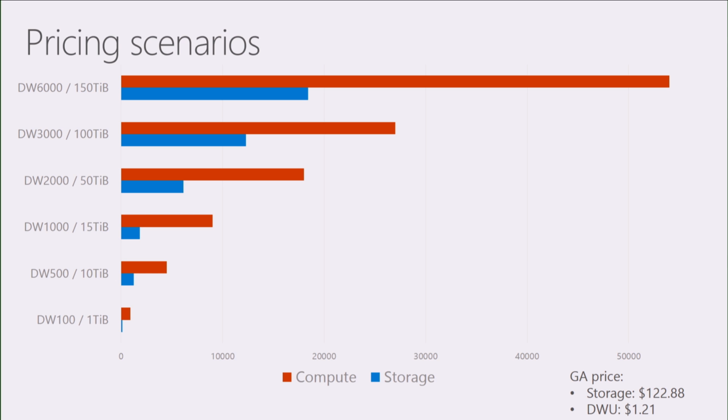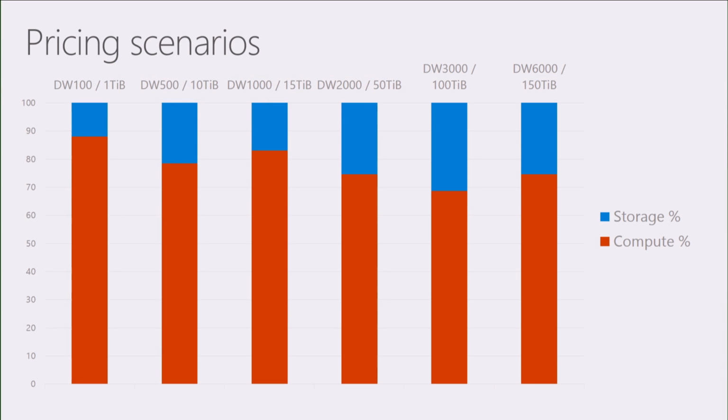So you can see roughly what the sizes are, and how they impact one another. As we go up, if I had 10 terabytes of DW500, this is what it would look like, and so on, 15,000, 3,000, and 100 terabytes. On top of this, that's the base storage cost.